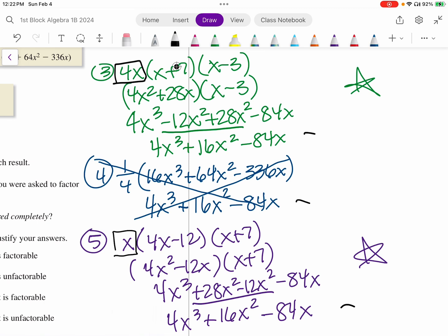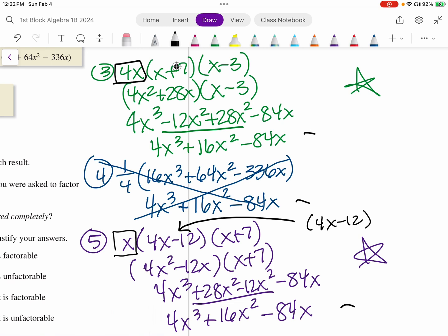And if you take a look at this second binomial in student 5's work, 4x minus 12, doesn't that still have a common factor that can be factored out? Isn't 4x divisible by 4 and negative 12 divisible by 4? They are.